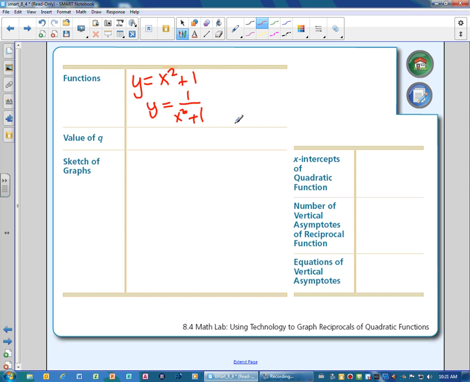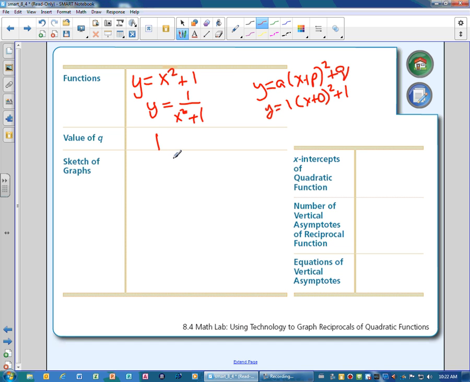Well, remember, it's in the form of y equals a(x minus p) squared plus q. And this graph will look like y equals 1(x plus 0) squared plus 1. So the value of q is 1.